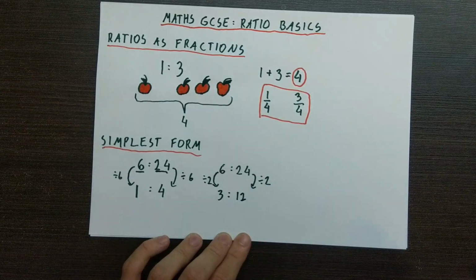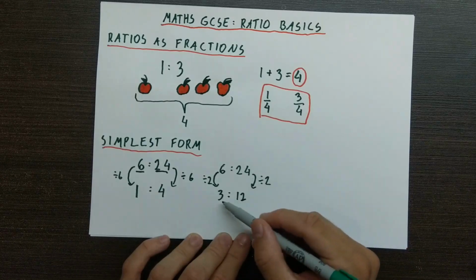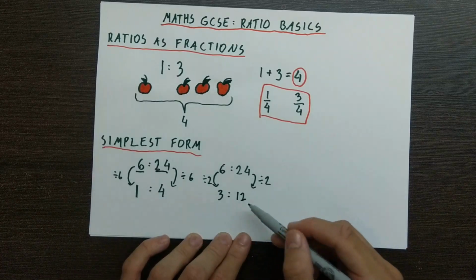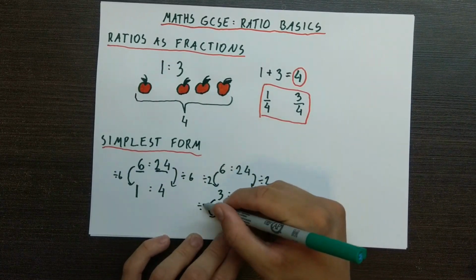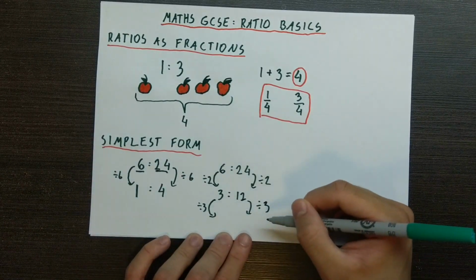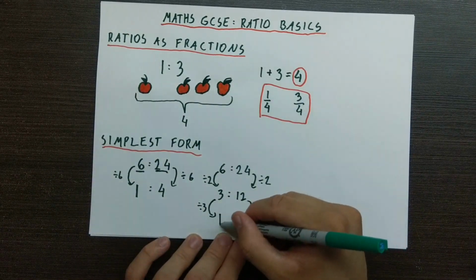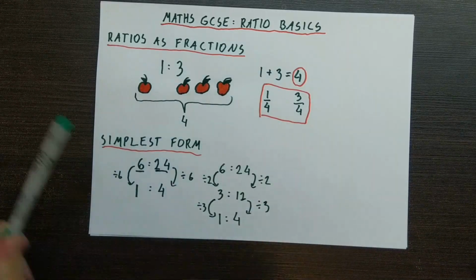Okay. What can we do now? Well, now we can see that we can divide this side by 3, and we can divide this side by 3, so we're gonna do just that. We divide both sides by 3, like so. And we get 1 to 4.